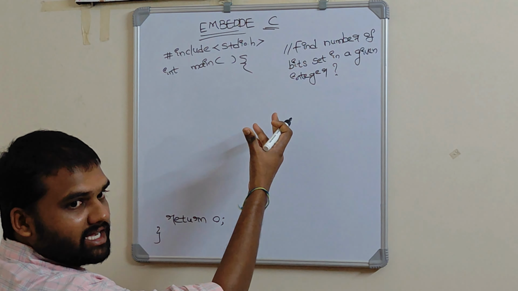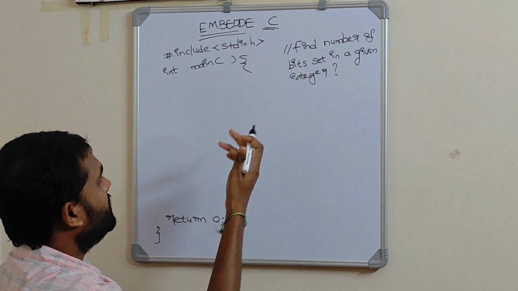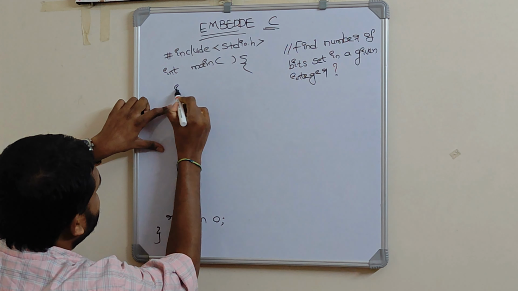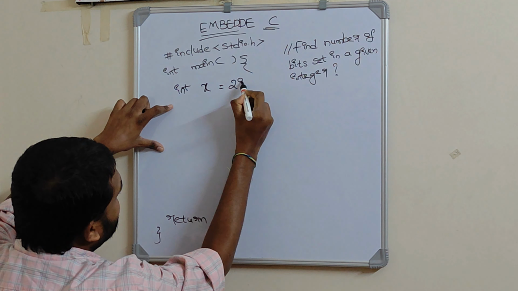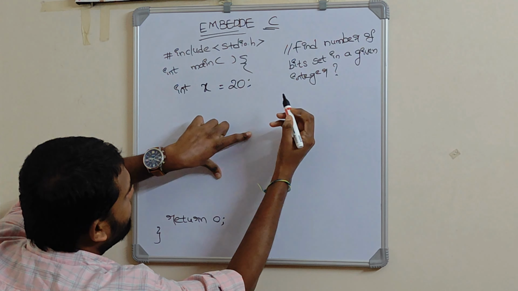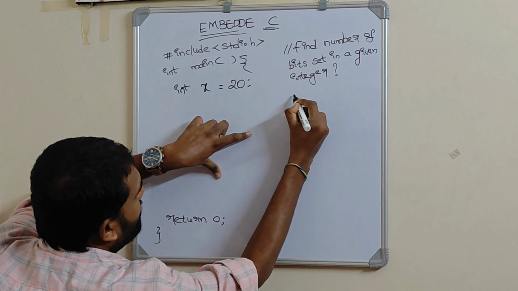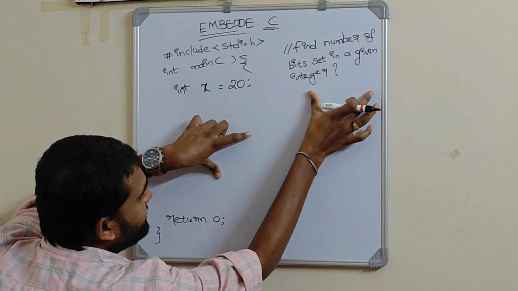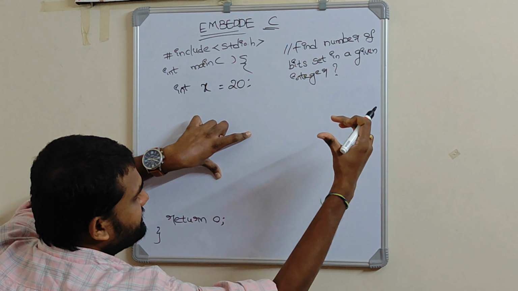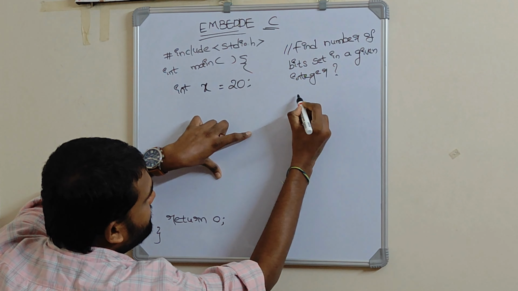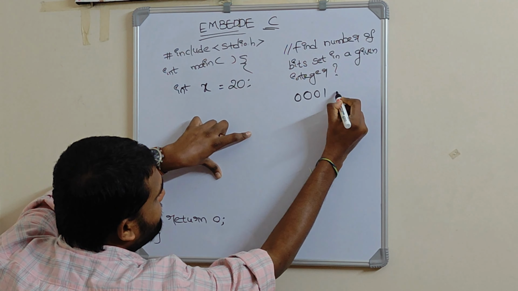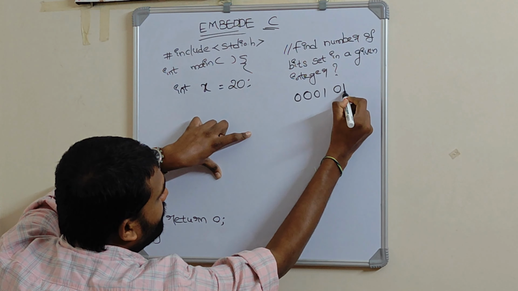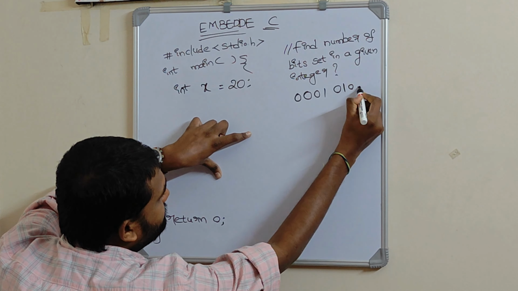See, I have already come up with the skeleton of the code. Now let me take one integer, int x equal to, let's take 20. Now this 20 we will write in binary format. How do we write it? We will write it in terms of 1 byte, that is, 8 bits: 0 0 0 1 0 1 0 0.